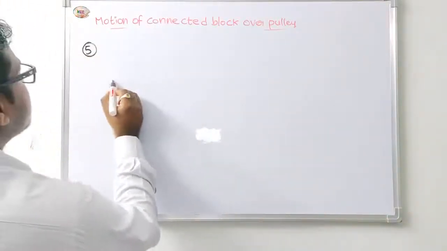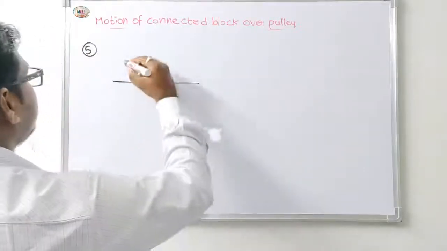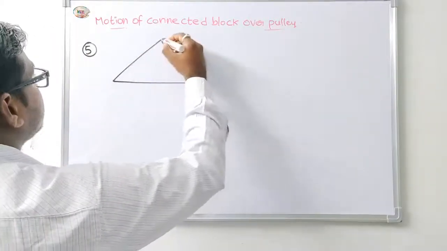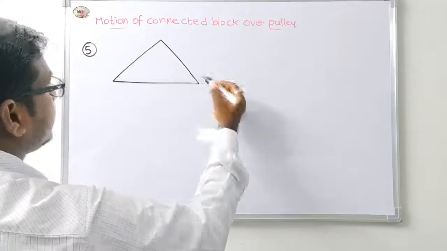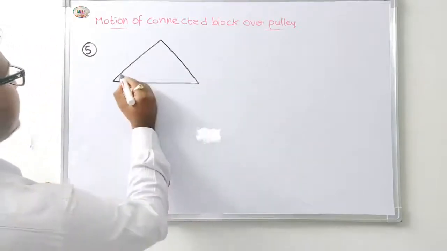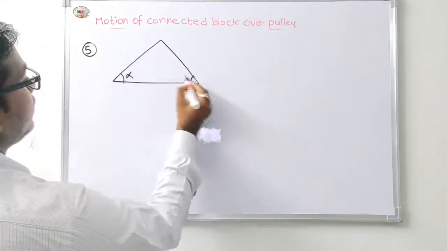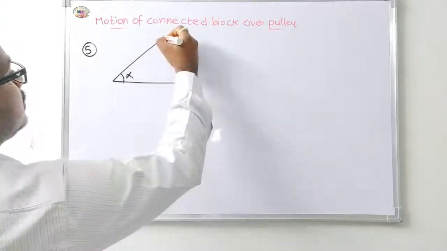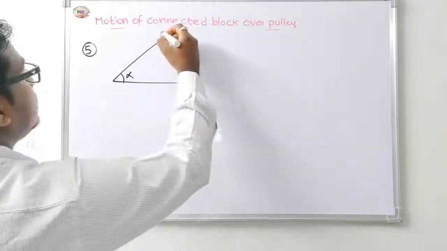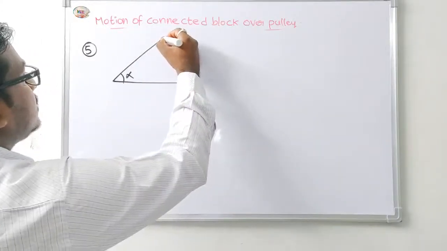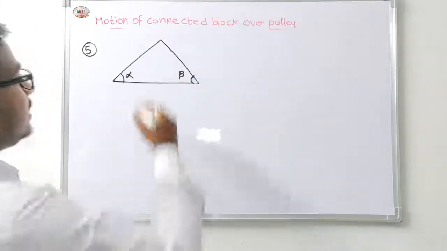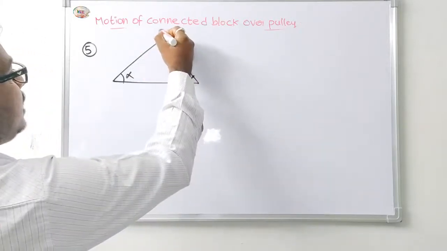Now a triangular shaped body making angles alpha and beta. The top of the triangle is fixed to a pulley.